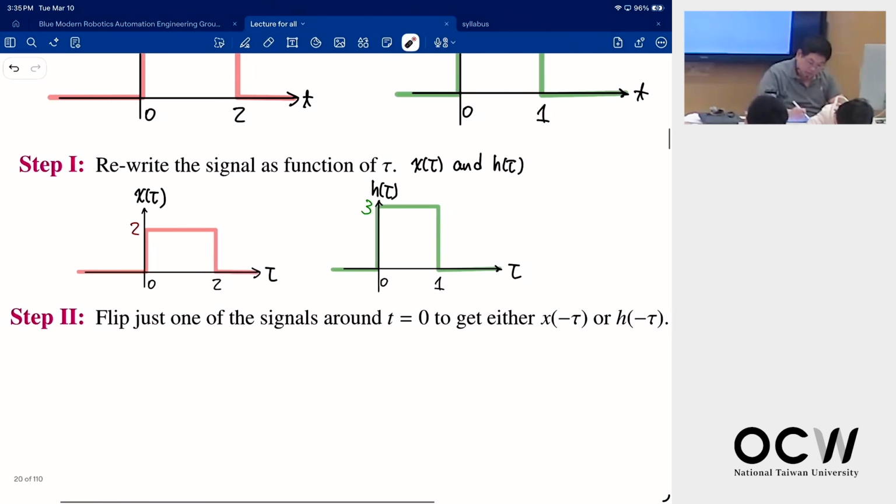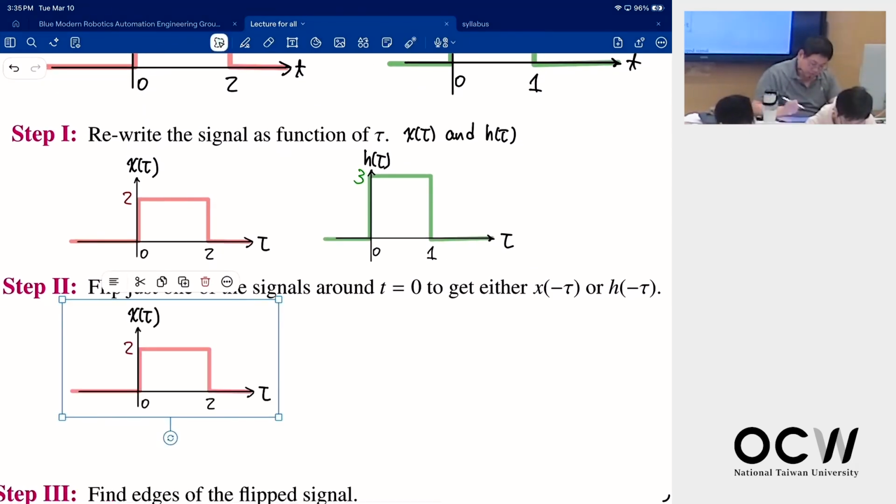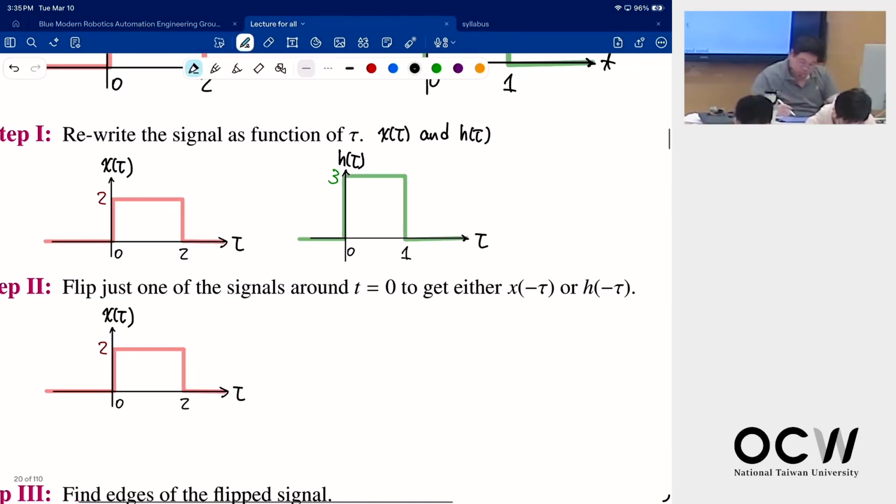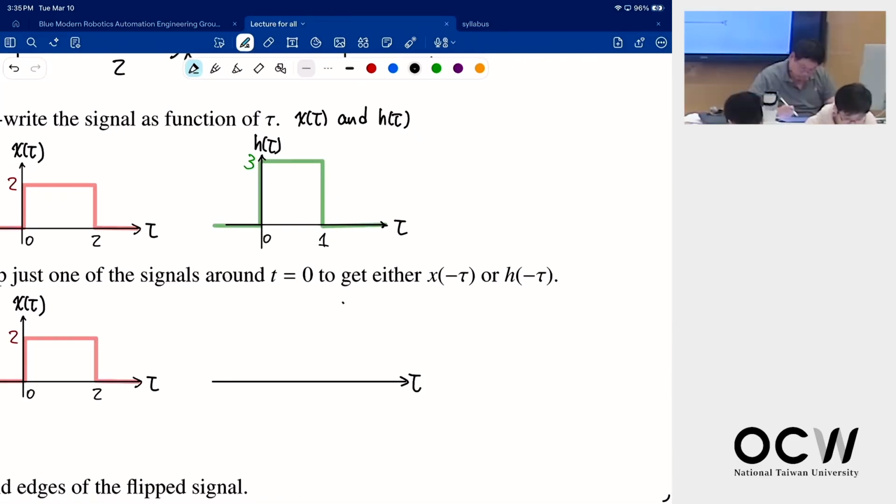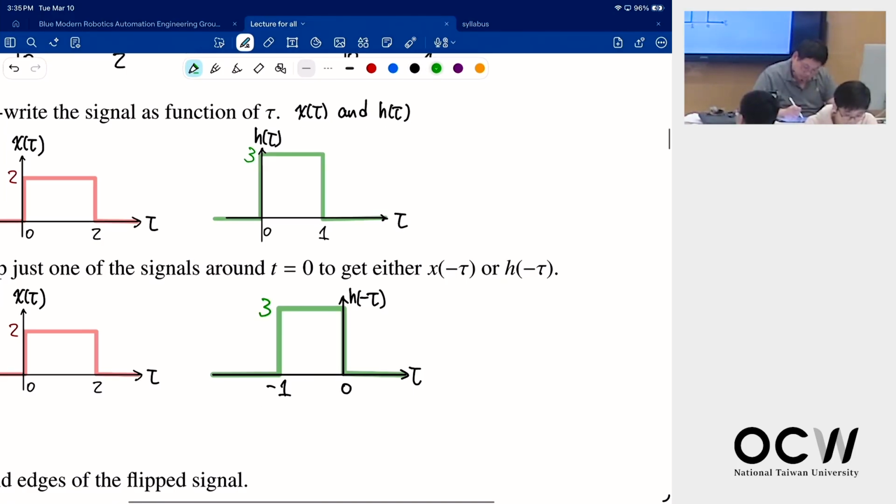That means for the h, we have h of minus tau, and this is minus 1, 0, and the magnitude is still 3.